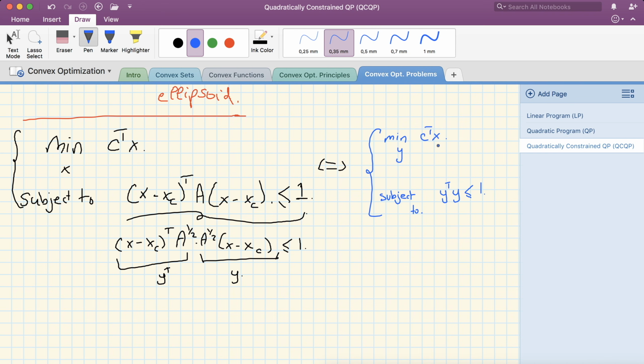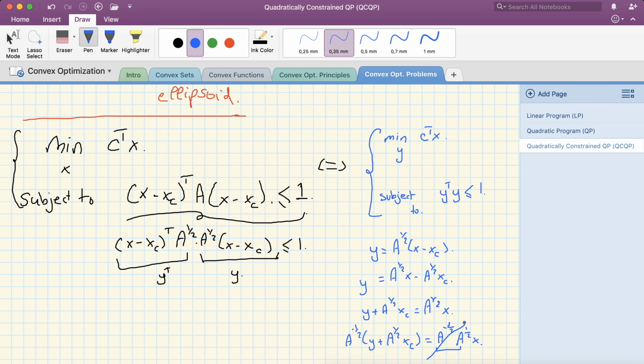Now we still need to replace this x as a function of y. Let's do this. We've got y is A half times x minus xc. That is expanded first, then get this guy to the other side. y plus A half xc is equal to A half x. Now multiply both sides by A minus half. So you get A minus half y plus A half xc is equal to A minus half times A half times x.